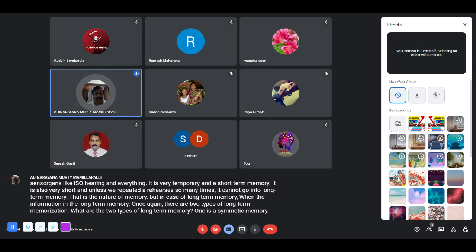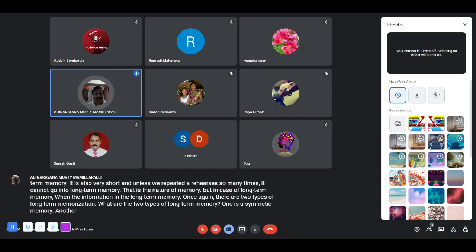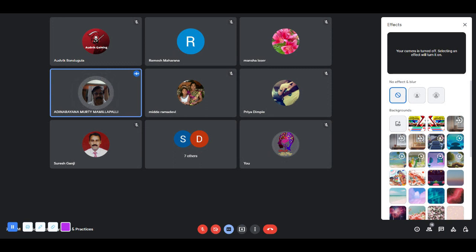Semantic memory means we read so many books, facts and figures, data, and all these things will be recorded in the brain. That is known as semantic memory. Whereas we remember some functions, birthdays, or some incidents in our life, that is known as episodic memory. Those are the two types of memories we have in long-term memory.